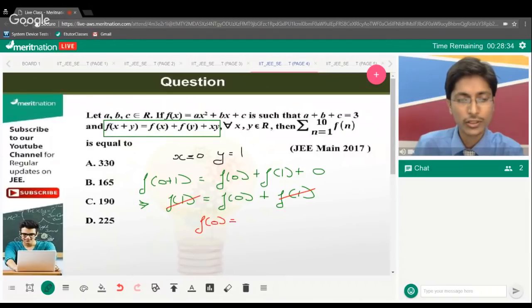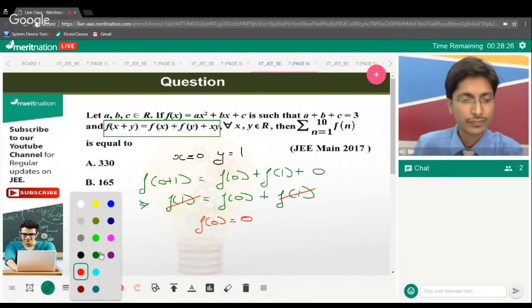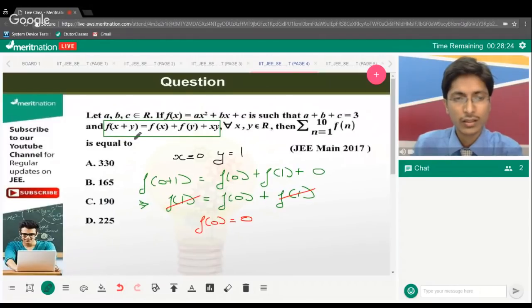So f of 0 is 0 for me. Now this is something to be taken into account. Now f(x) is also equal to ax square plus bx plus c. If I put x equals to 0, a and b will be eliminated and I'll be left with c.